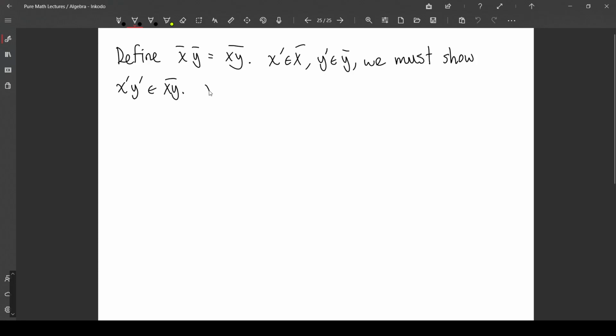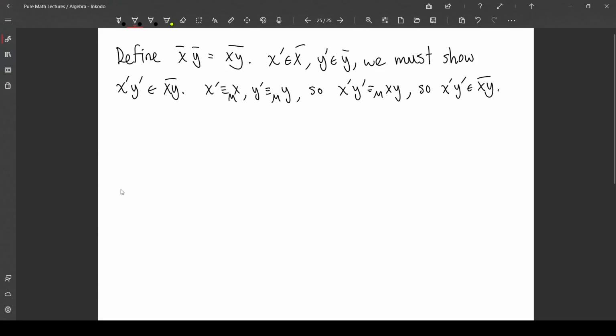So in other words, we have x prime is congruent to x, y prime is congruent to y, so x prime y prime is congruent to xy, right? We've already shown we can multiply congruences, and so x prime y prime is in xy bar. They differ by an element of m. And so therefore this definition of multiplication is independent of the coset representative that we choose.